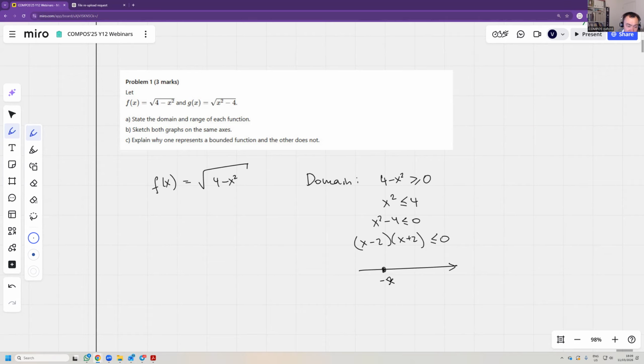minus 2, 2, so it's positive, positive here, and yeah, so x belongs to from minus infinity to negative 2, including, or from 2 to plus infinity. So this is the domain of that function.